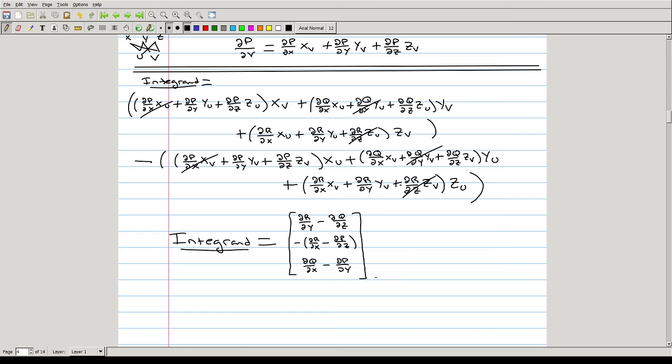It's the dot product of this vector field with the vector yu zv minus zu yv, negative xu zv minus zu xv, and xu yv minus yu xv.